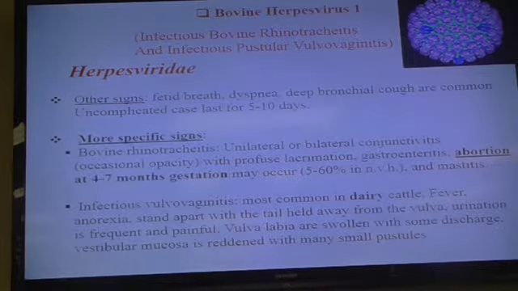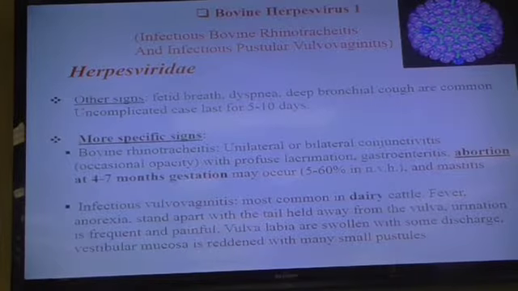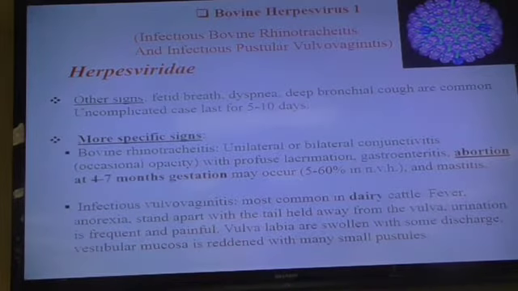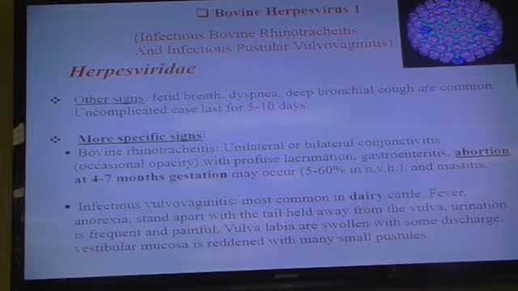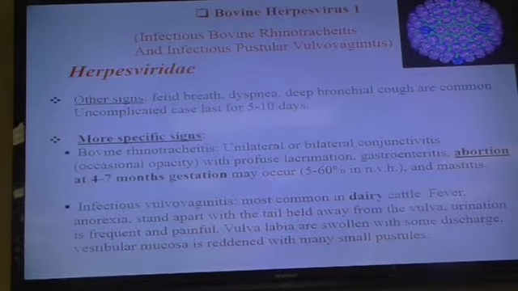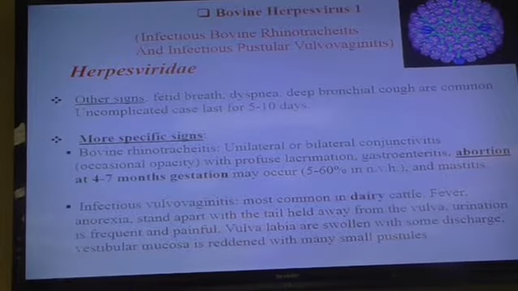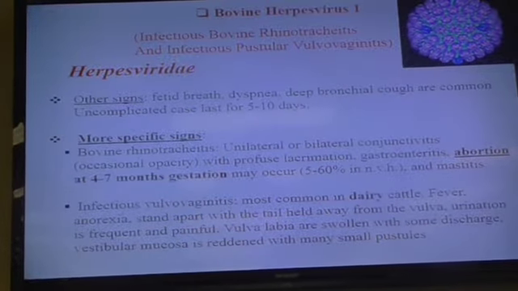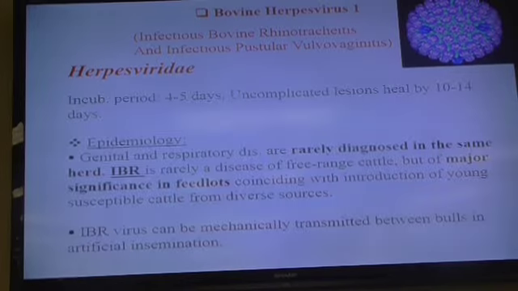So herpes is usually later during pregnancy. Now the infectious vulvovaginitis involves the vulva, so inflammation. As a result of this, it's difficult and painful for the animal to urinate. If complicated with bacteria, then there'll be purulent discharge.